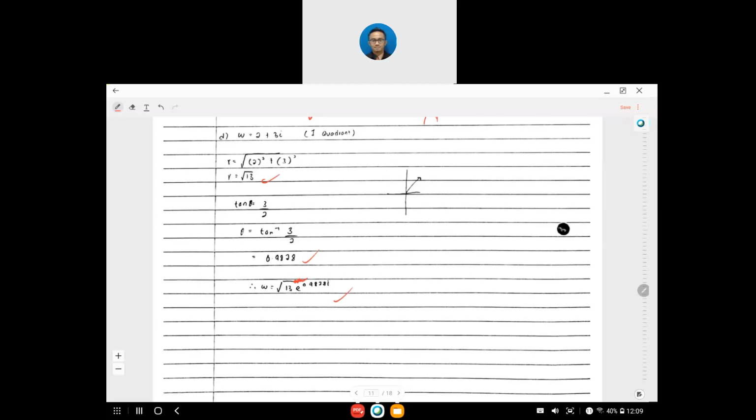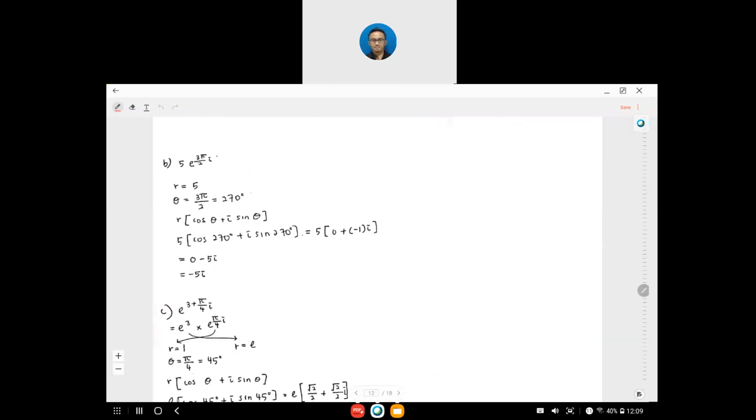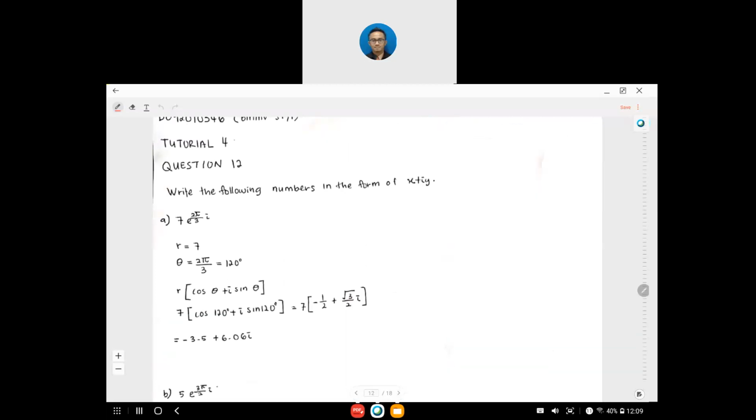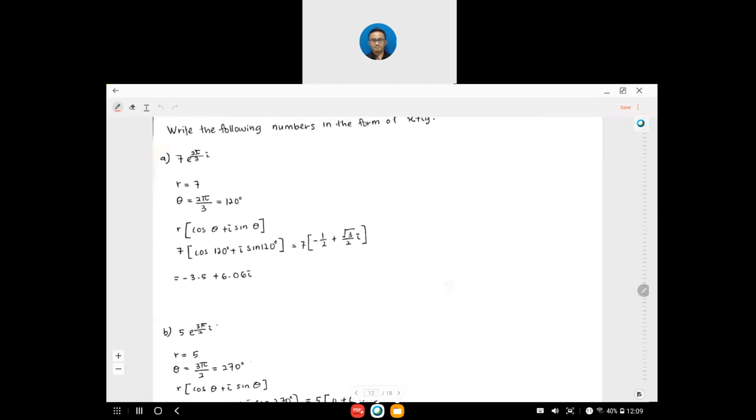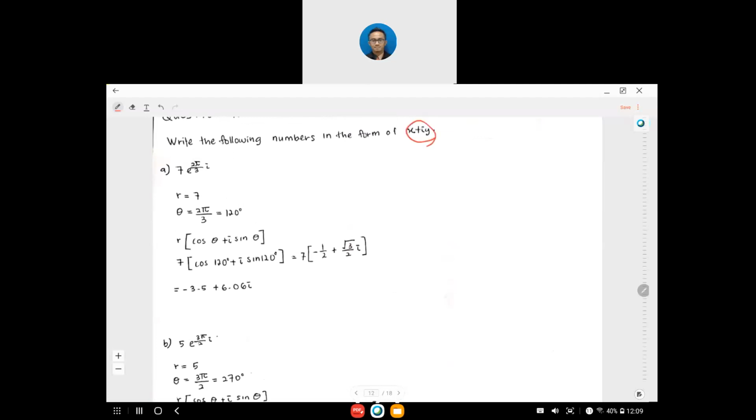Next, question 12. Write the following number in the form of x plus iy. It means it wants the rectangular form. It's given 7 exponent 2 pi over 3i.